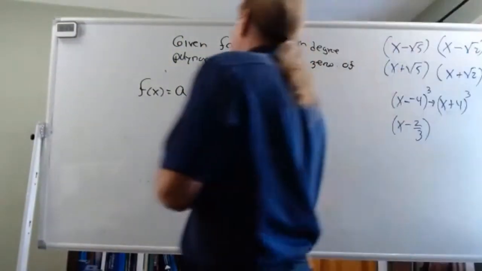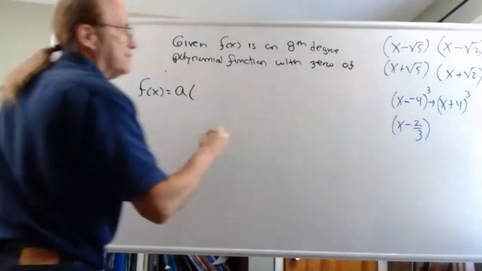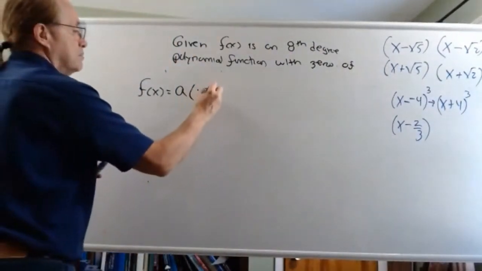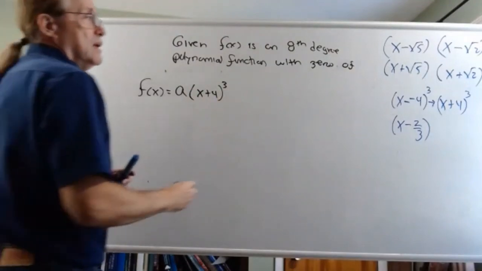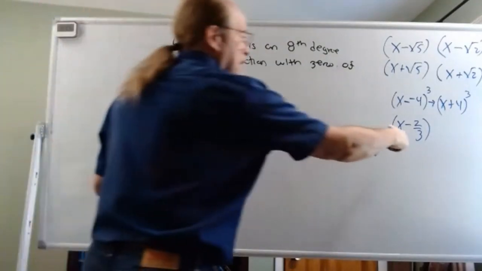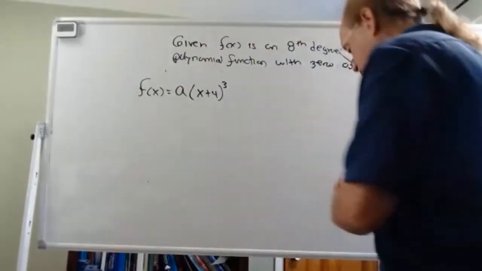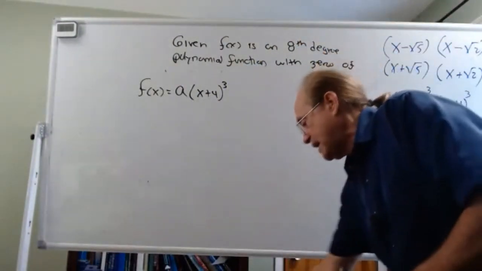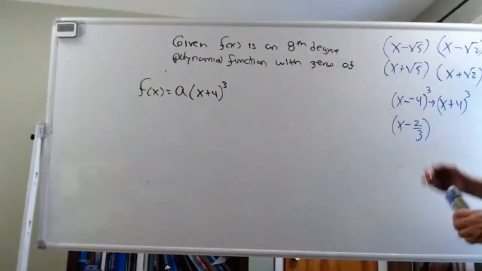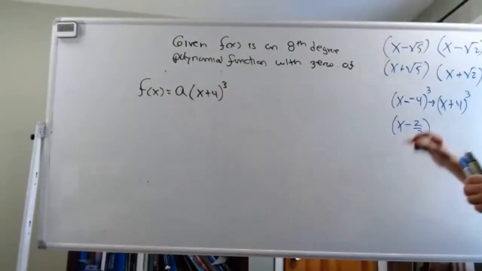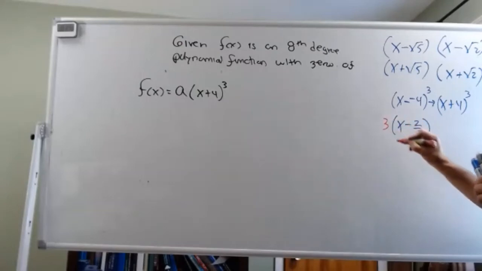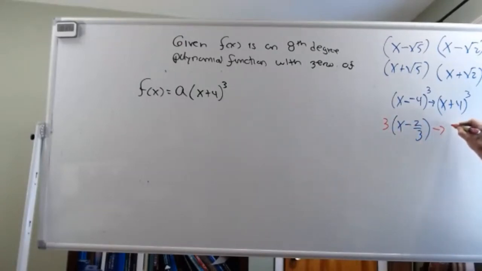So how might I write this? Well, I know it has a factor of x plus 4 cubed. It also has this factor. Now, sometimes you'll see it written this way. If we don't like to write rationals, we can absorb a constant into a, meaning I could multiply everything here by 3, and I would end up with 3x minus 2.